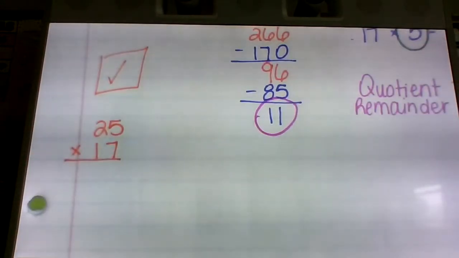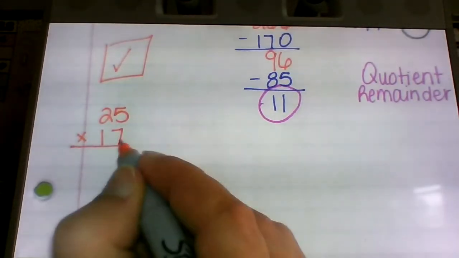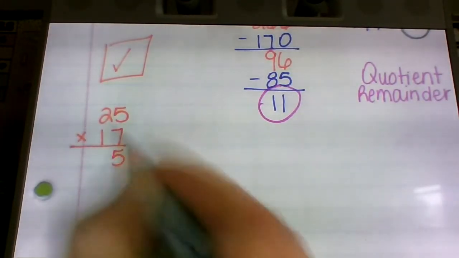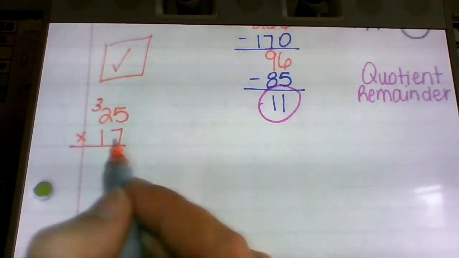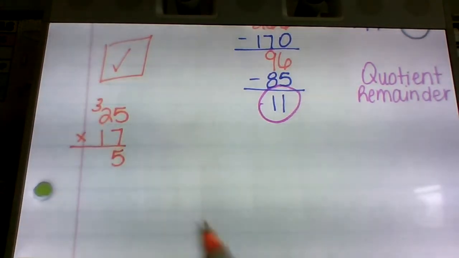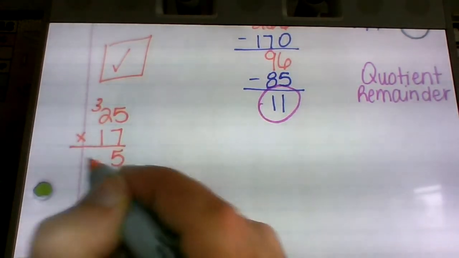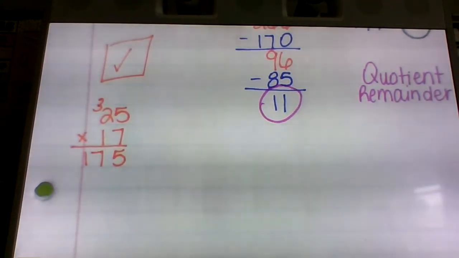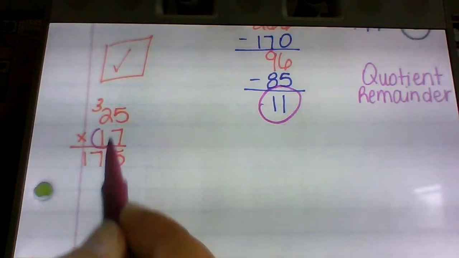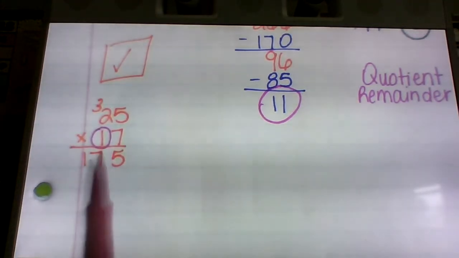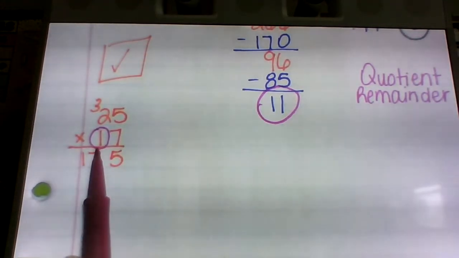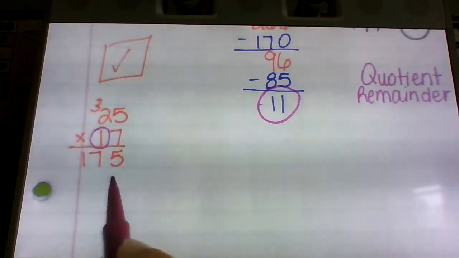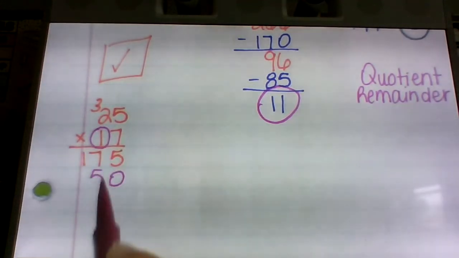So I'll multiply 7 times 5 is 35, and we're going to regroup. 7 times 2 is 14. Add 3 more, 17. I'm not done though. I have to now multiply with my tens place, because technically we're now multiplying 10 times 5 ones, which is 5 tens.